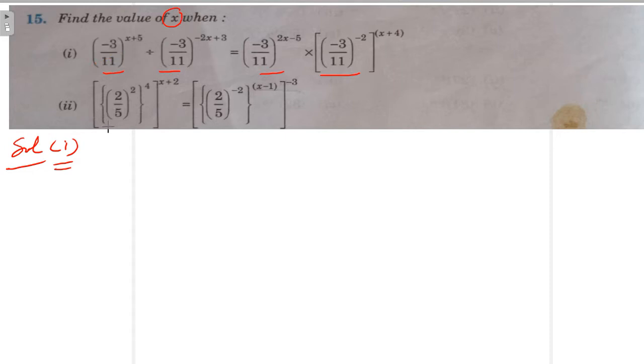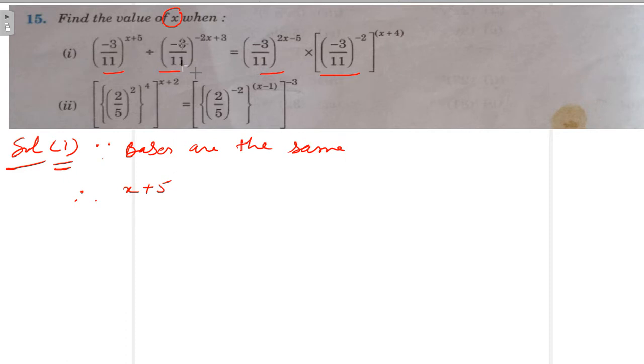So here, when bases are the same, therefore we can write it as x plus 5. We can take only powers, x plus 5.